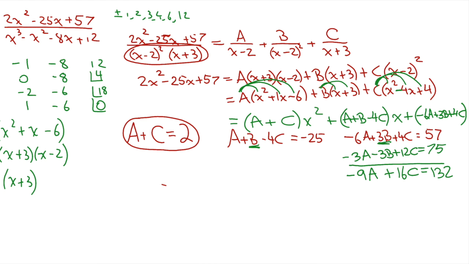9. So I'm going to multiply this equation by 9 and then write it underneath that one. So that becomes 9A plus 9C is equal to 18. Add these two together.